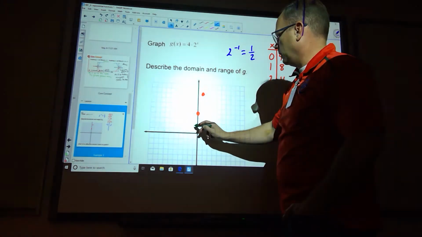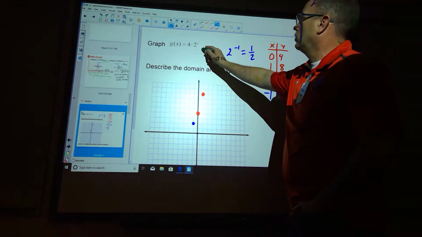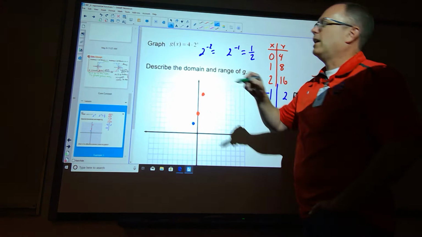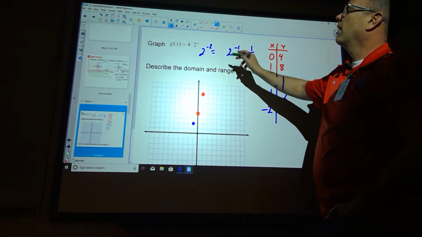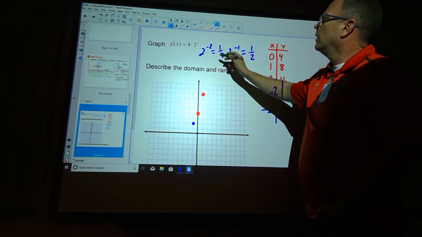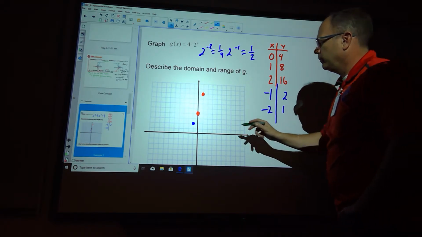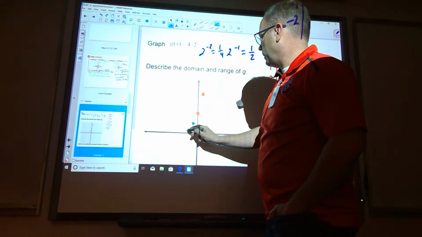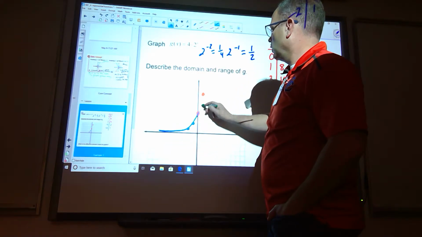So -1, 2. Let's take the -2 and plug it in. So I get 2 to the -2. What's that going to become? 1 over 2 squared. What's 2 squared? 4. So I get 1/4. So 1/4 times 4 is 1. -2, I'm at 1. If I keep going, it's going to do this.